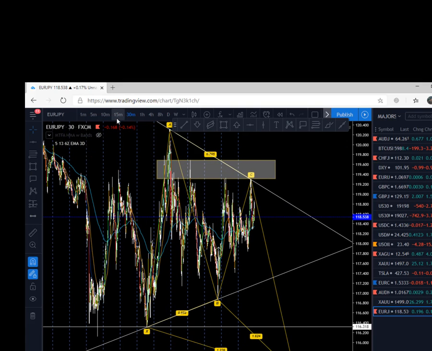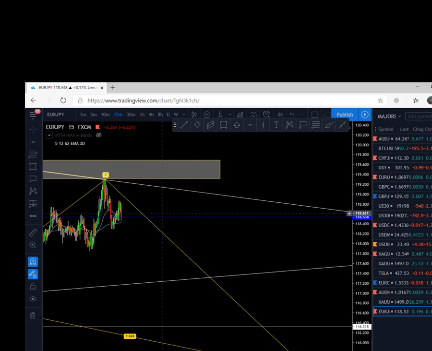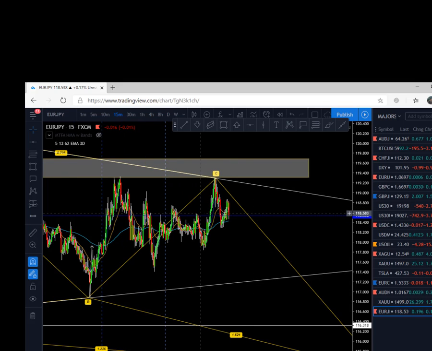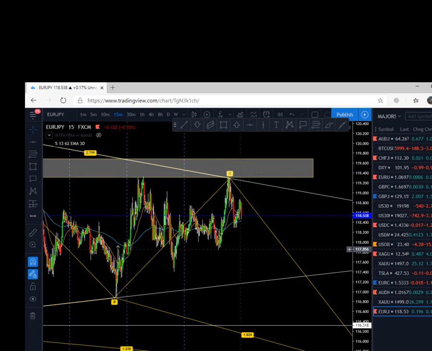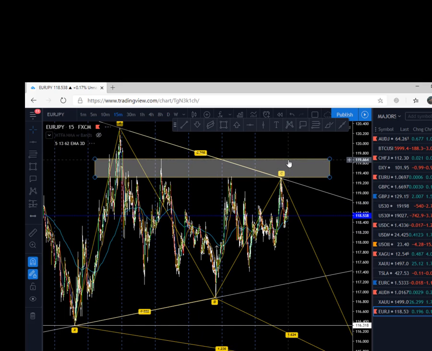Now I'm gonna go into my 15-minute and just pretty much keep an eye on this, because this current 13 and 62 means that potentially it could still rise, but nevertheless I'm expecting a short position.